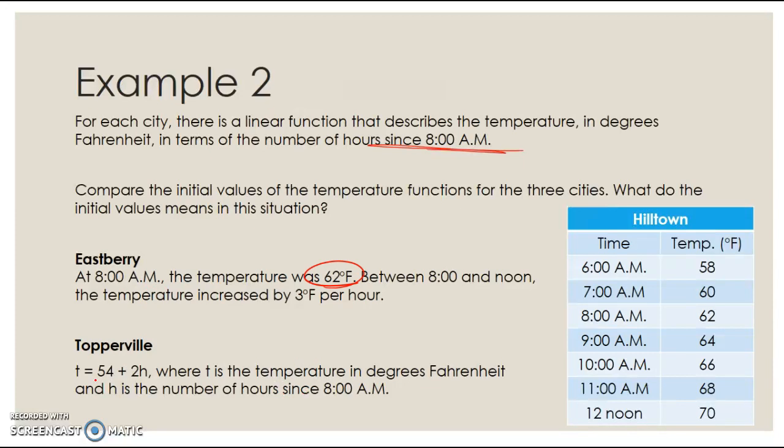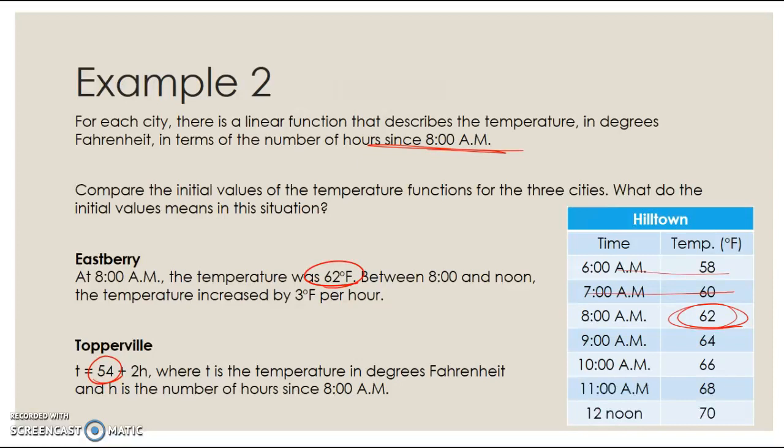For Topperville, they gave us the equation, so we're going to look for that B value. So that's going to be the 54, our constant value. And then at Hilltown, since 8 a.m., I don't need these two because those are before 8 a.m. So our initial value at 8 a.m. is 62.